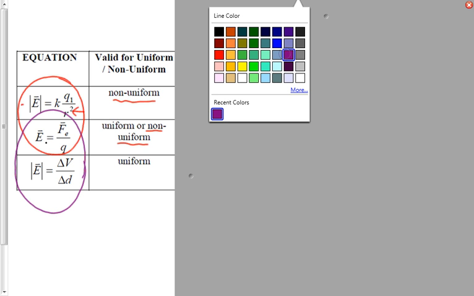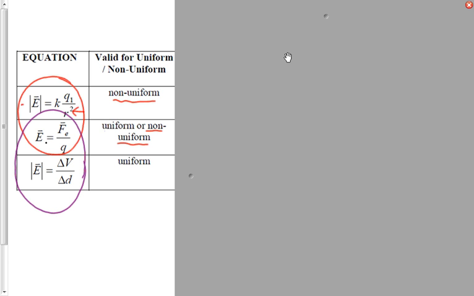We're allowed to use both of them in the same situation. It just depends upon what you have more information about. Now, the second two equations, the experiencer equation and the new equation that we just learned today, are valid in a uniform field. In other words, we have an electric field that looks like this.